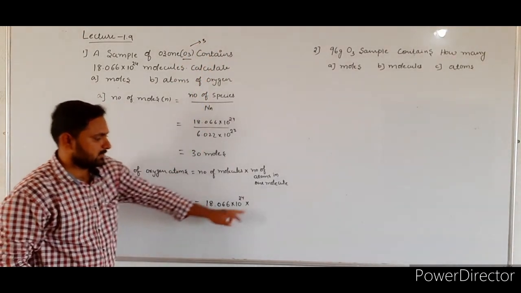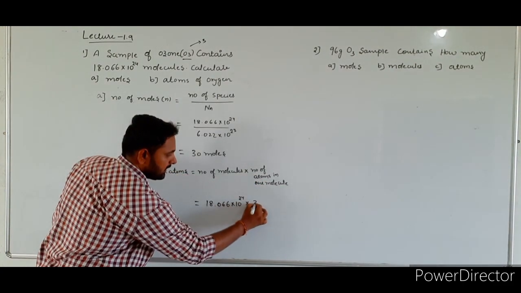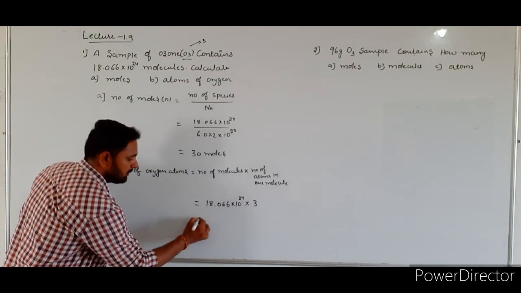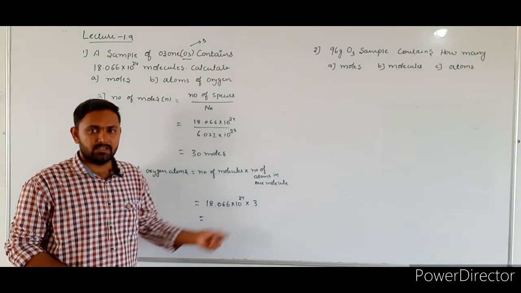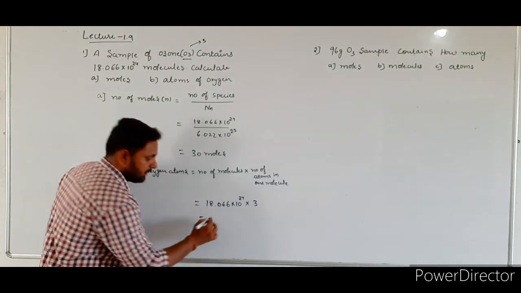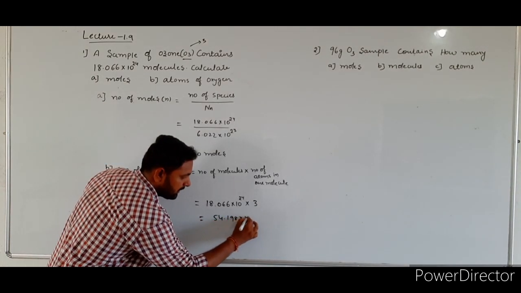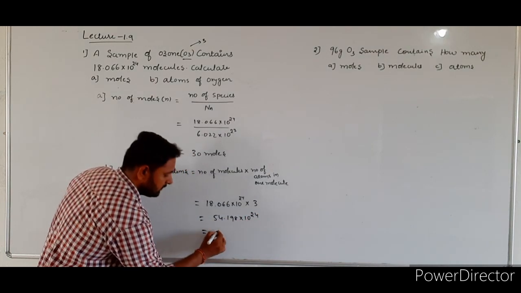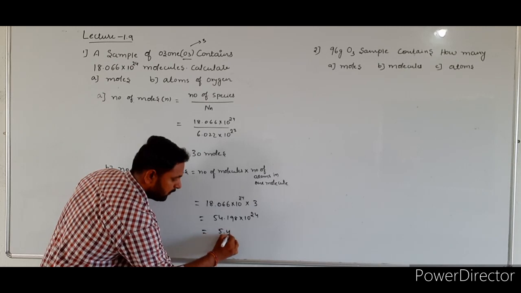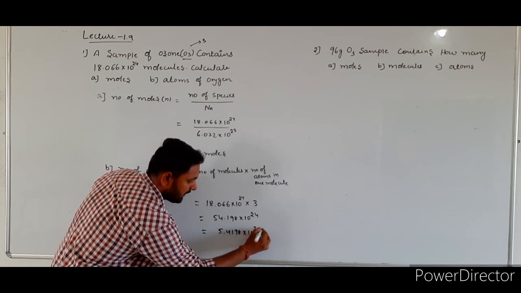Then you substitute here number of atoms in one molecule, 3 atoms. Now multiply these two numbers. After multiplication you will get 54.198 into 10 power 24. Now you simplify this number. Then you will get 5.4198 into 10 power 25.